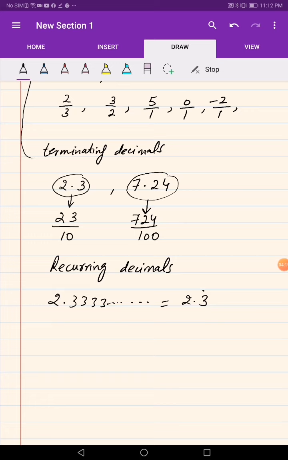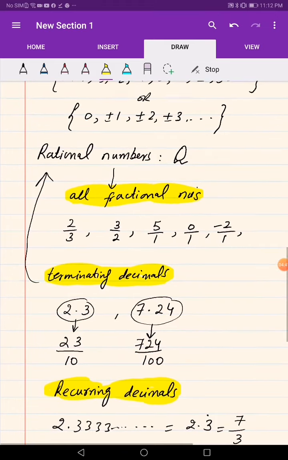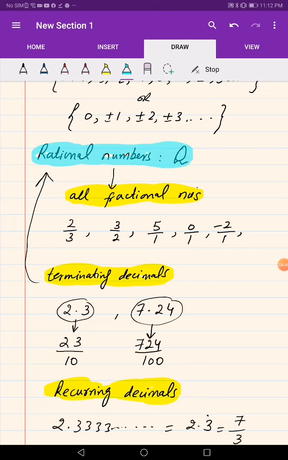Recurring decimals also represent fractions. In this case, it is written as 7 over 3, so 7 over 3 can be written as 2.3 with a dot. So, guys, the recurring decimals, the terminating decimals, all fractional numbers which you have taken up till now come under rational numbers, represented by Q.